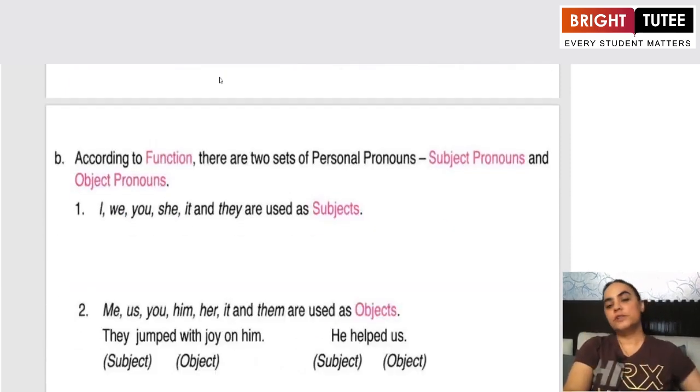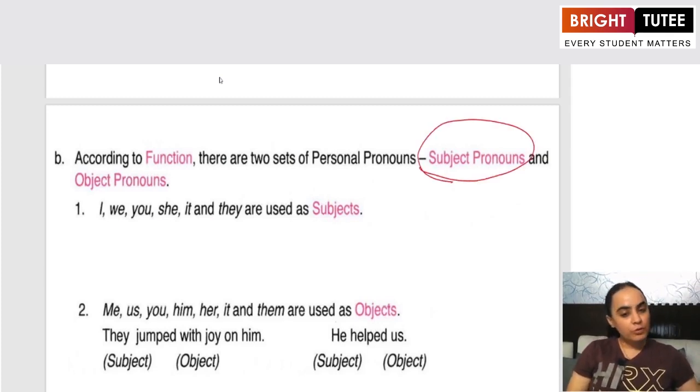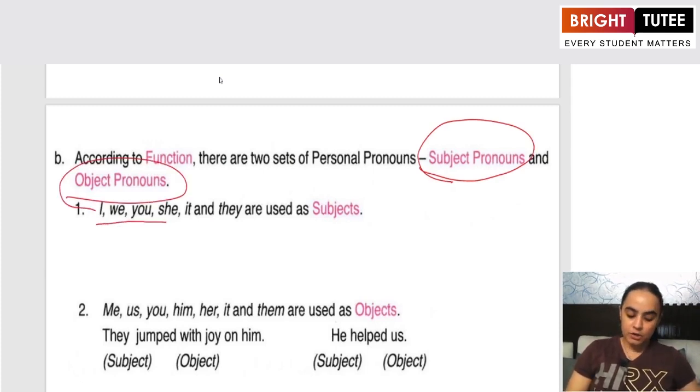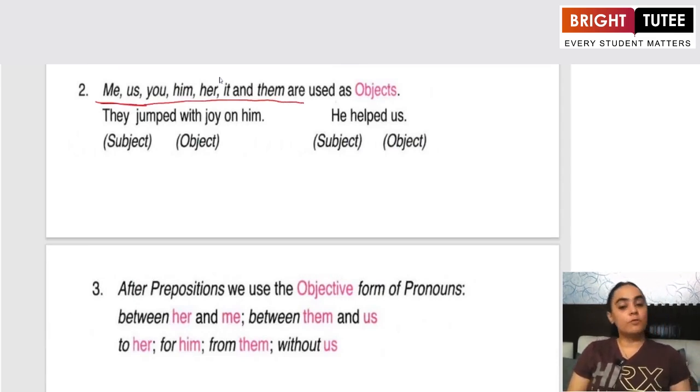Those pronouns which take the place of the subject are known as subject pronouns, and those pronouns that take the place of an object are known as object pronouns. I, we, you, she, it, they. They are always used as subjects, so they are subject pronouns. On the other hand, me, us, you, him, her, it, them, these are always used in place of objects and are known as object pronouns.